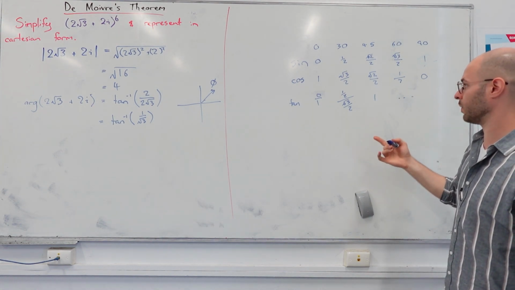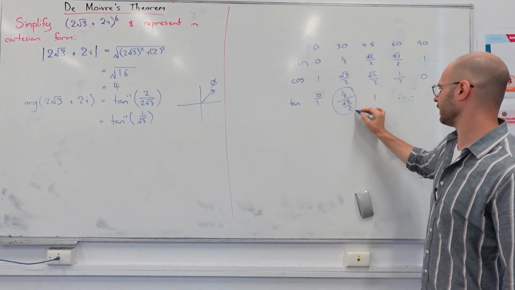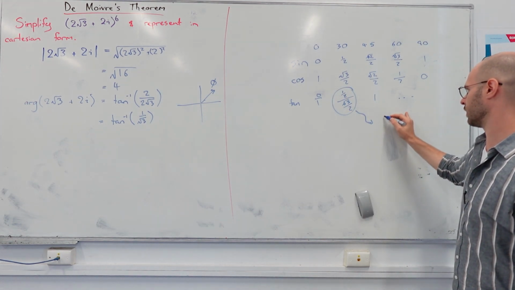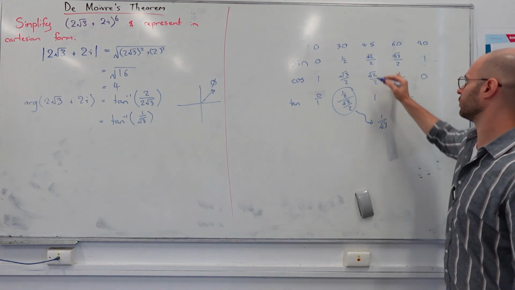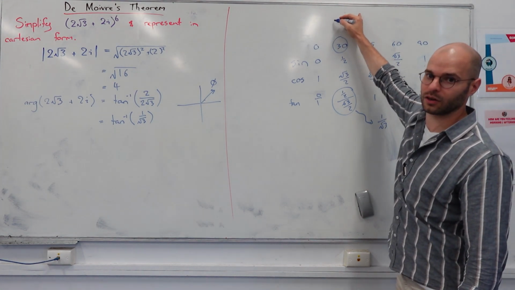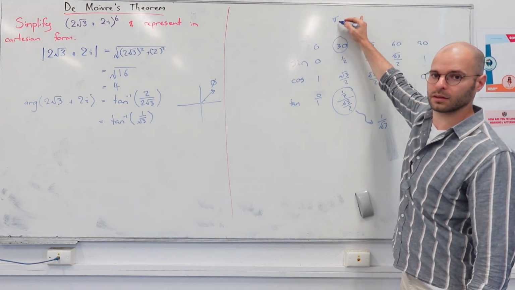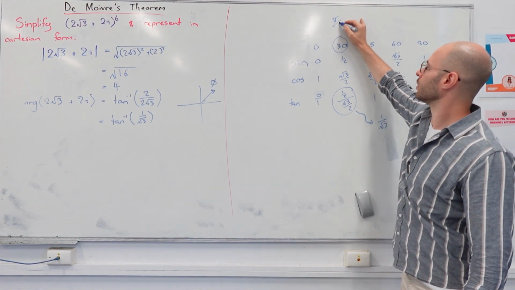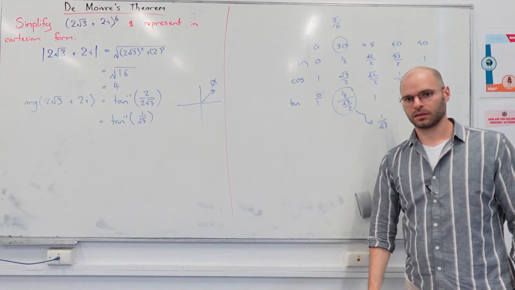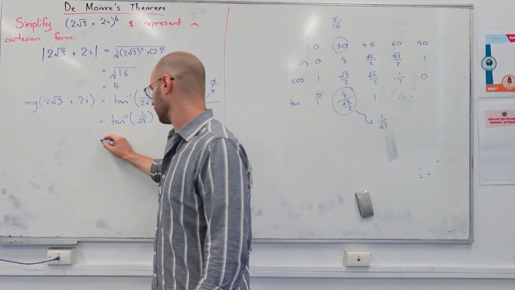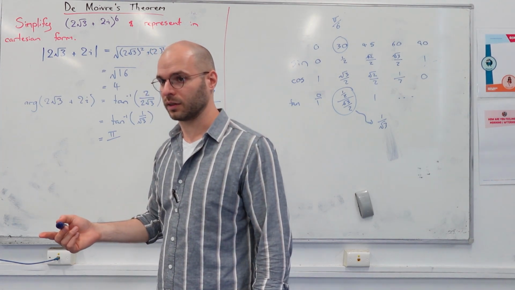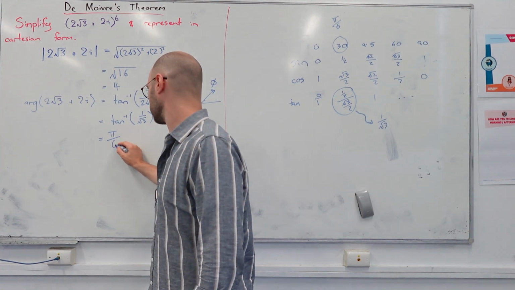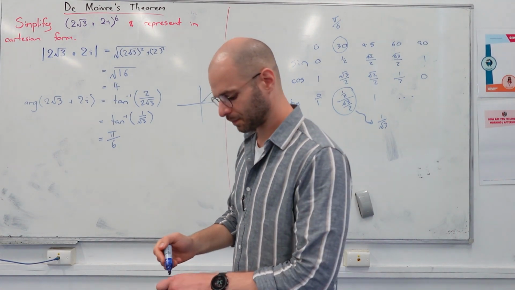Yep. Do we remember? Yeah. So this guy over here is 1 over root 3, which means that this guy is pi on 6. Yeah. We need to remember that because it's going to be quite beneficial for this part of the topic. So pi on 6 radians.